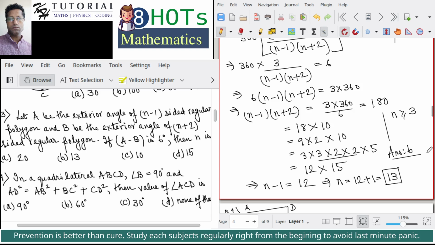We can see that the two factors are 12 into 15, and 15 is 3 more than 12. So if I compare the LHS, (n minus 1) multiplied by (n plus 2), with the right hand side, 12 into 15, I can clearly say that n minus 1 has to be equal to 12. From here I will get n equals 12 plus 1 equals 13.